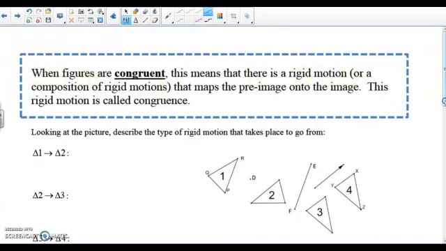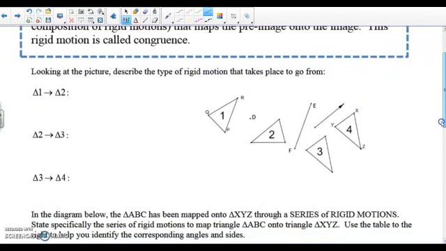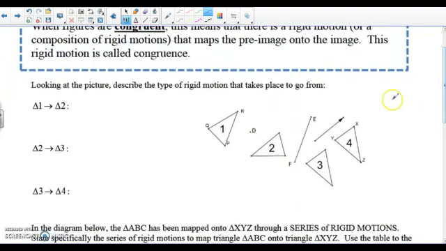Our job is going to be, and we're going to practice a lot next class, to look at the picture and decide how we're moving from one triangle to the next. So as long as there's a series of rigid motions, we can determine that the triangles are congruent.